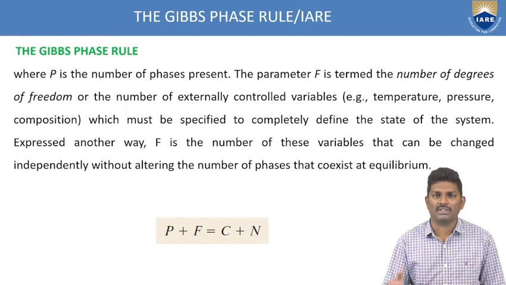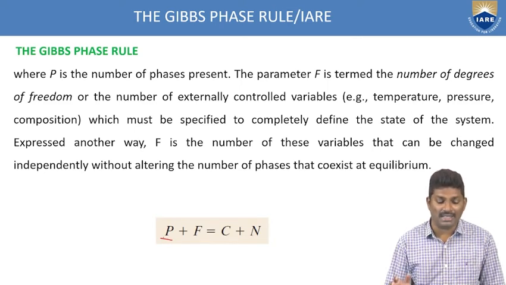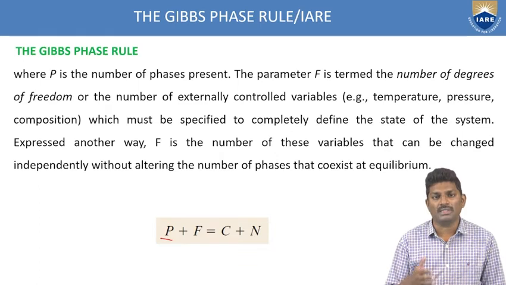Now in this Gibbs phase rule, as you know, P + F = C + N. In this, the first term, P, represents the number of phases present. So in any given problem, to identify how many phases are present, we can use this Gibbs phase rule, and it is very easy to identify how many phases are present in the given composition.